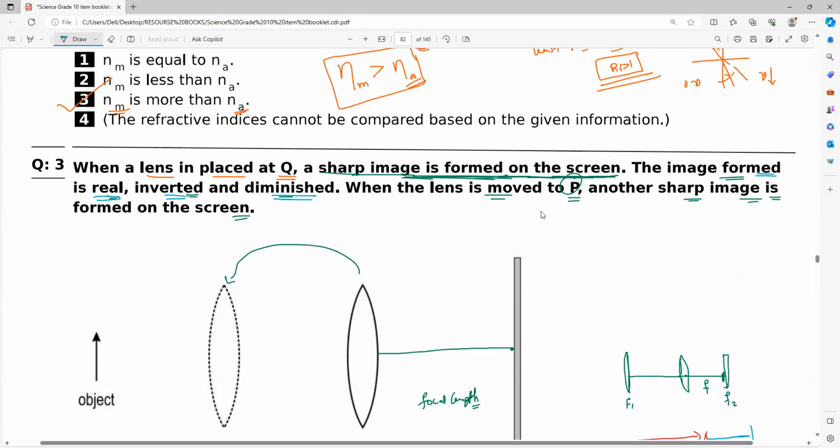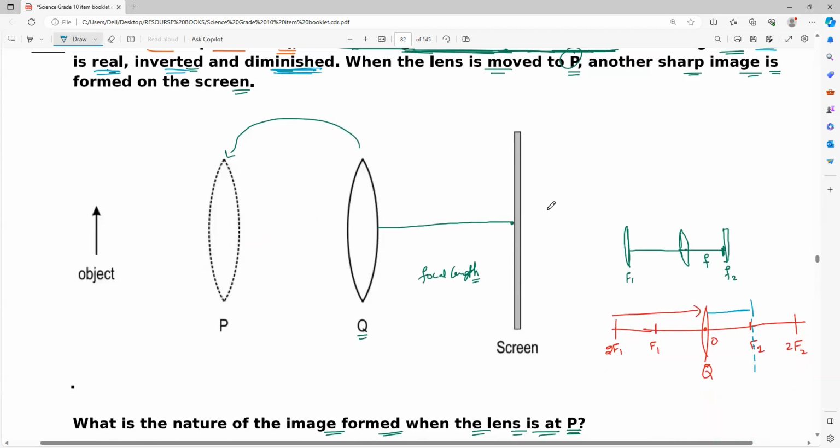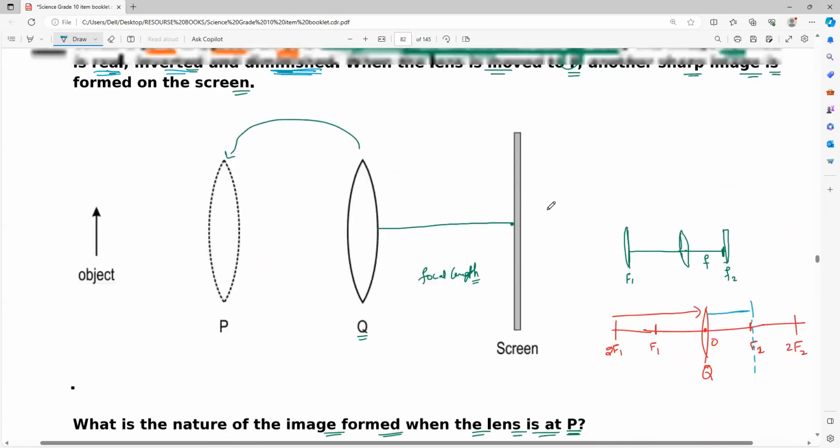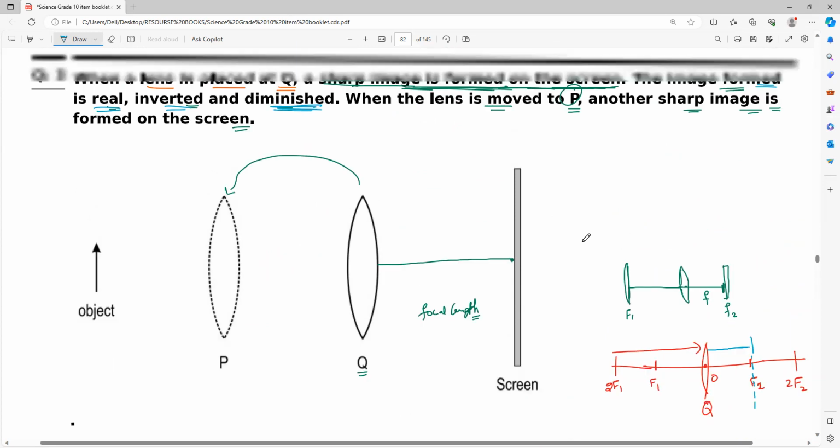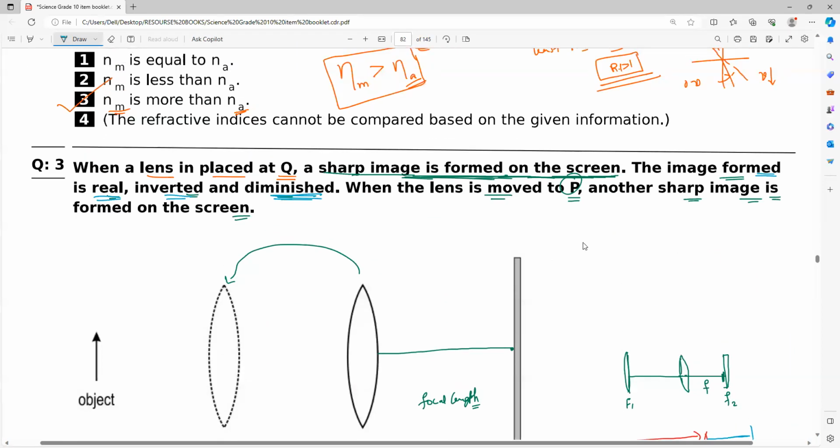Real, inverted and diminished, there is a case for us. Anybody can tell what is the case? First case, sir. When the object is at, see, object is at where? Here. Try to see your book and tell: when the object is behind 2F1, the image will form between F2 and 2F2.